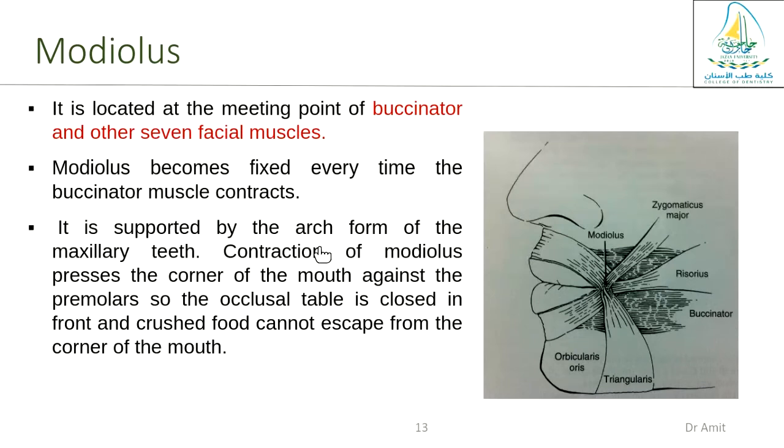It is supported by the arch form of the maxillary teeth, and contraction of the modulus presses the corner of the mouth against the premolars. So when the teeth are present, it presses the corner of the mouth against the premolars, so that the occlusal table is closed in the front and the crushed food cannot escape. So this is a very important anatomical feature that helps us in eating and drinking water.